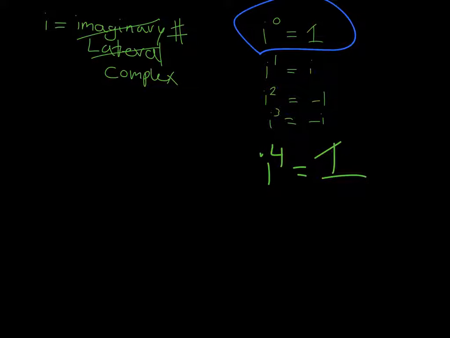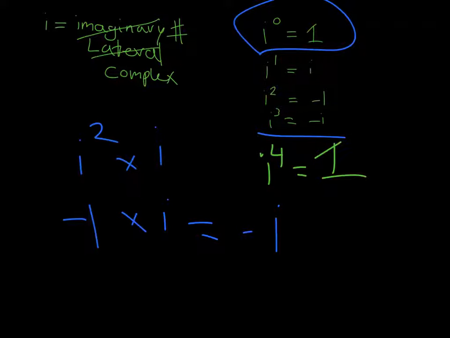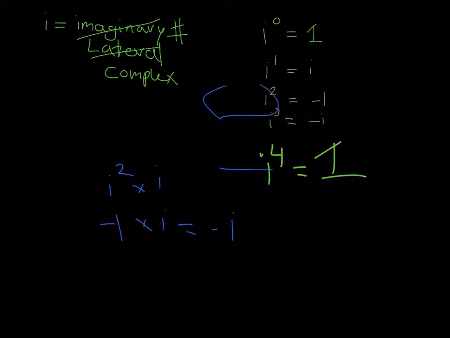It's basically i times i, which is i squared, and i squared equals -1. i to the power of 3 would be i squared times i. We know that i squared equals -1, so -1 times i is equal to -i. And look up here, that's exactly what we get. So you could use basic computation like you would normally.